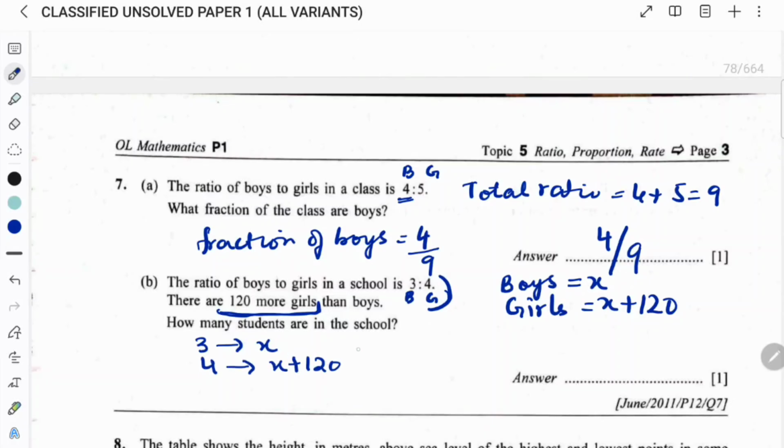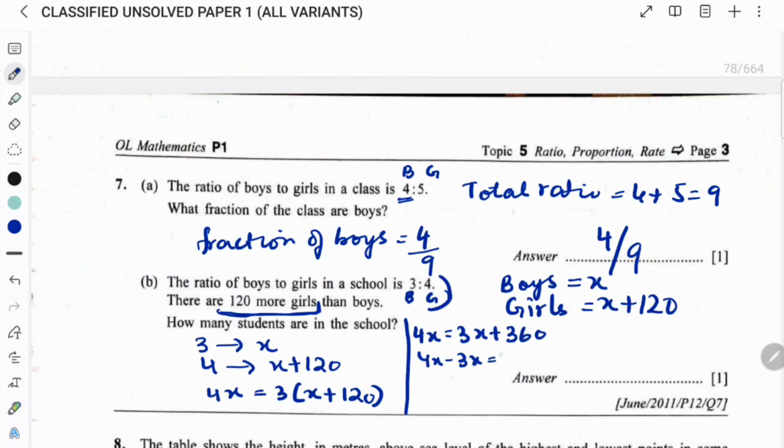So simply cross multiply. 4x is equal to 3 times (x plus 120). Now 4x is equal to 3x plus 3 times 120, which is 360. 4x minus 3x is 360. So x is equal to 360, which is for boys.